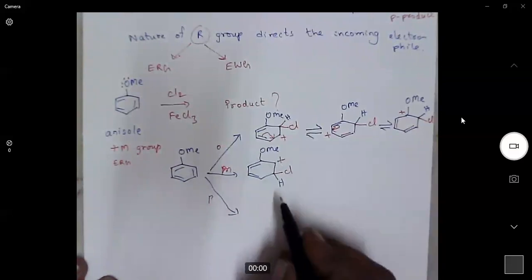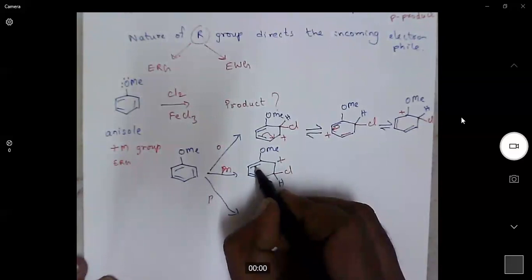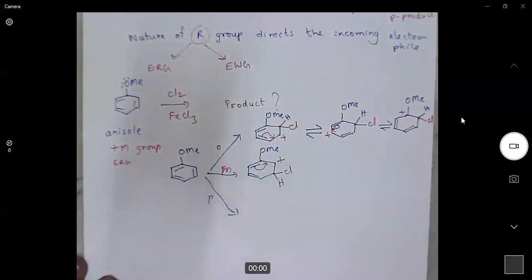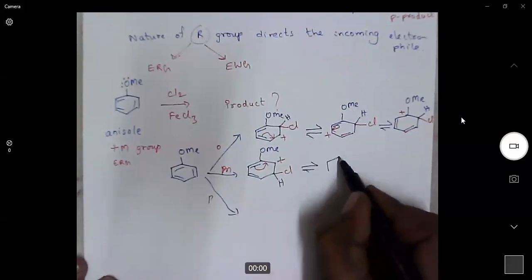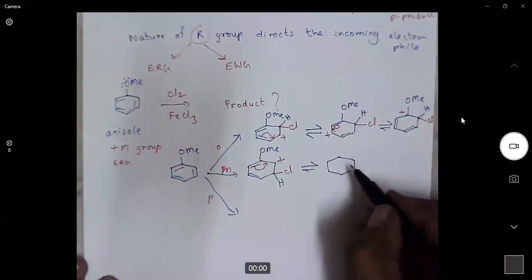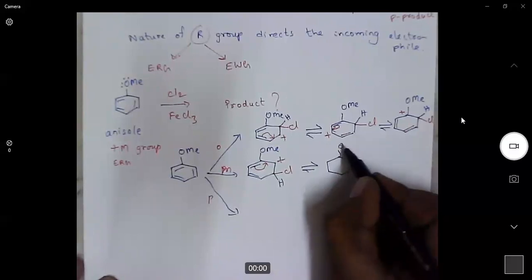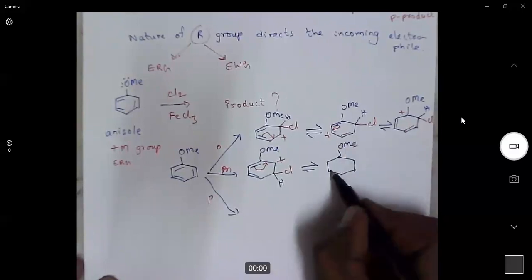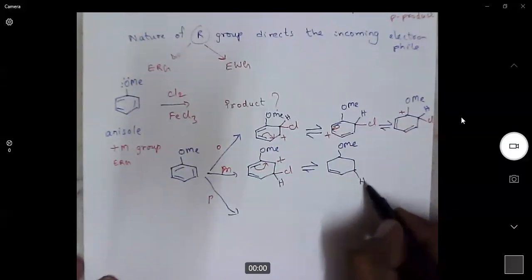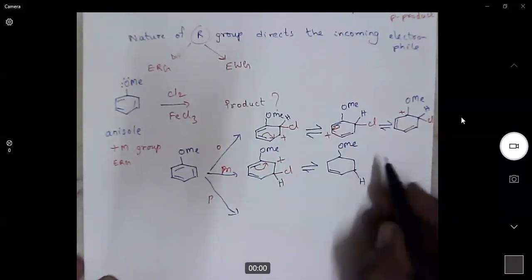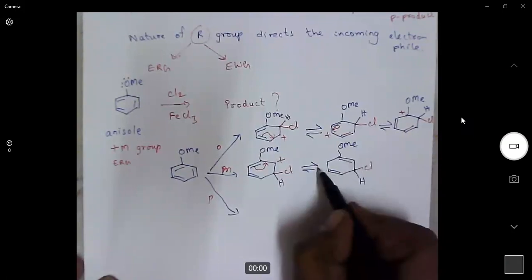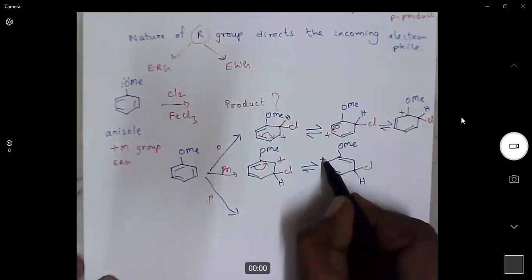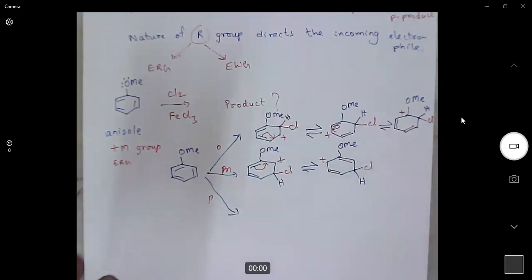We can write a resonance contributor by polarizing this double bond, because these two are in conjugation. OMe, this is the undisturbed double bond, chlorine, and this is the position of the new double bond. Since this carbon is losing electrons, it gains positive charge.